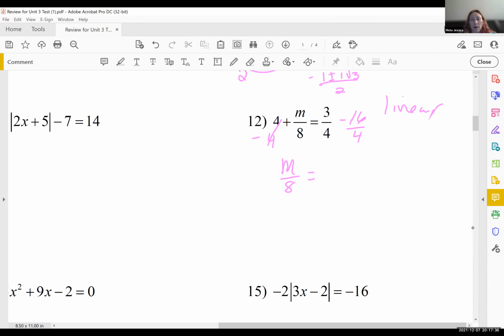I times the top and bottom by 4. That will give me negative 13 over 4. And then I see that it's m divided by 8. So to get rid of division, I multiply by 8. Just timesing this by 8 over 1 on this other side to show how I do that work. I'm going to cancel and have a 2 here, because that's easier for me. And then I get m is equal to negative 26. Cool.